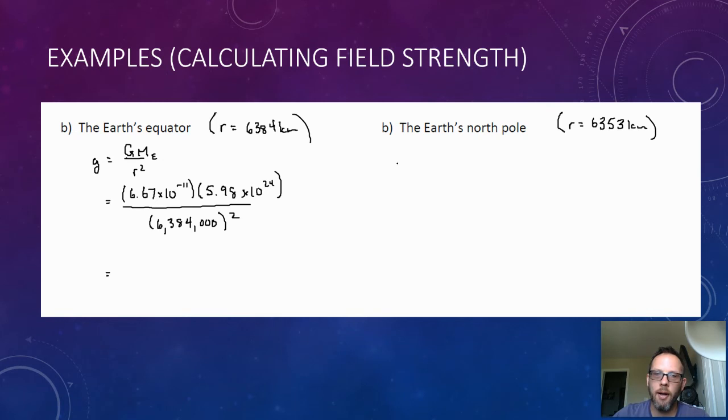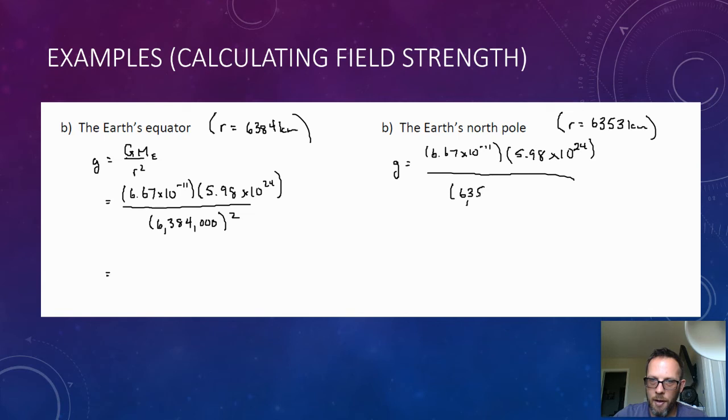While you calculate that, I'll set up my next one. So we'll be doing G, mass of the Earth, and this time 6,353,000 squared. Let's see how much of a difference it makes.